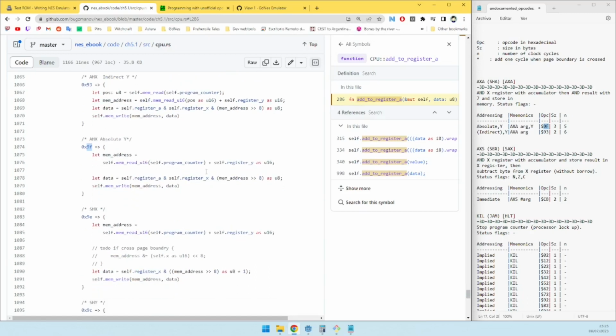It gets the memory. Yes, it's absolute Y. And then makes an AND. What?